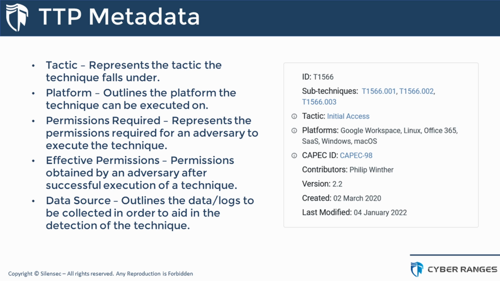And some of the other pieces of metadata that aren't highlighted in this example here are applicable specifically to the post-exploitation tactics. So if we take a look at the privilege escalation techniques, you'll typically see permissions required and effective permissions as an additional piece of metadata attached to a technique or sub-technique. Permissions required represents the permissions required for an adversary to execute the technique.